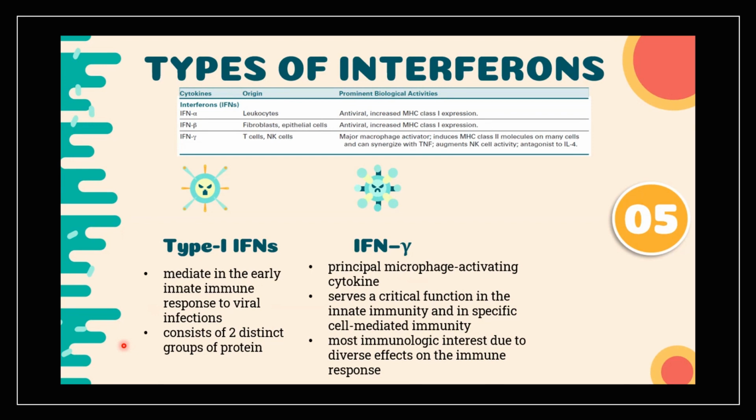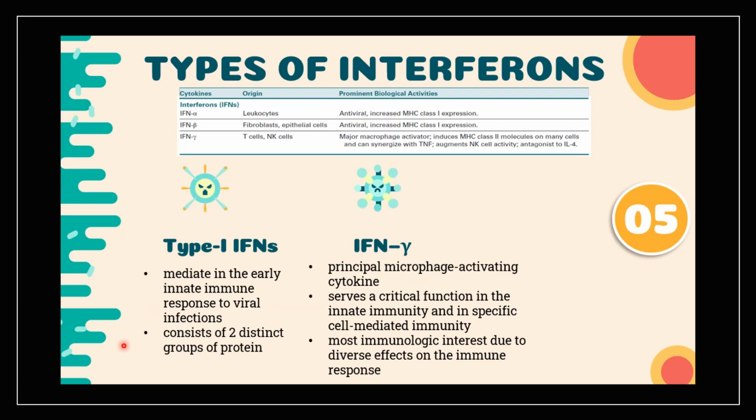IFN beta is produced by fibroblasts and epithelial cells during viral or bacterial infections. Type 1 interferons are induced by pro-inflammatory cytokines such as IL-1 and tumor necrosis factor alpha.